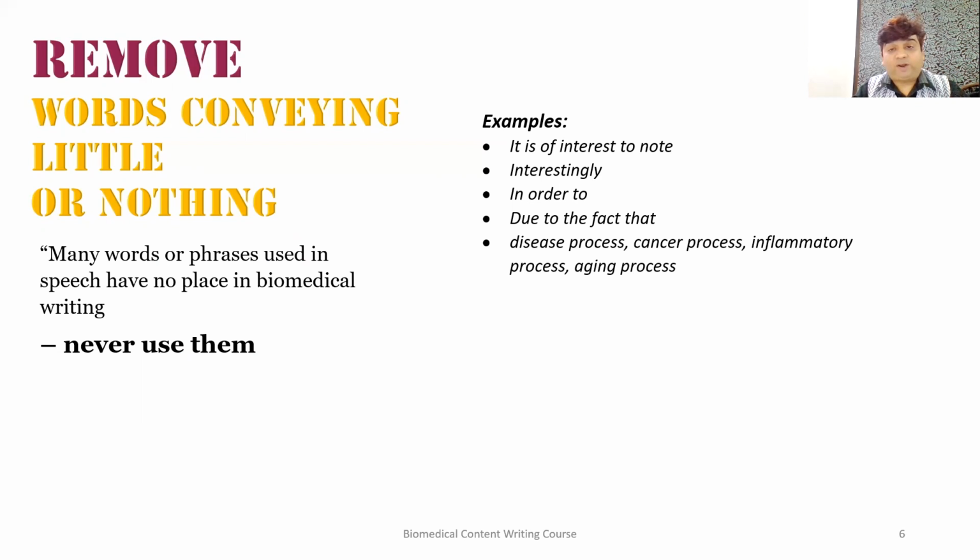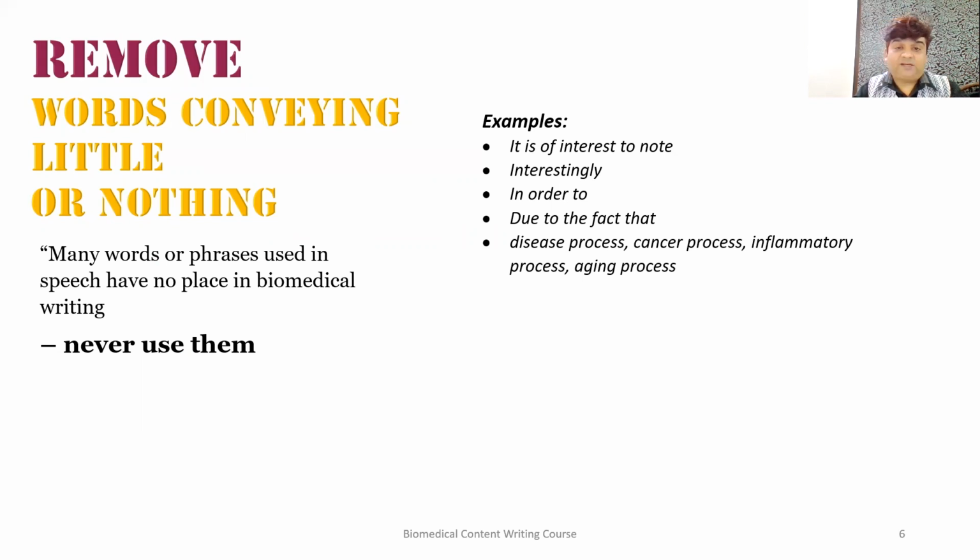There is no point of writing these kinds of startings in your sentence, because they don't actually add anything to your sentence's meaning. If you are saying interestingly we have done this, nobody is bothered about why you have done it interestingly. So there is no point of adding such words which have no actual meaning to the reader.